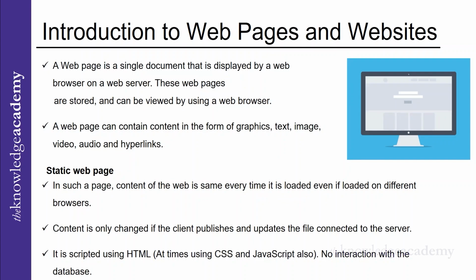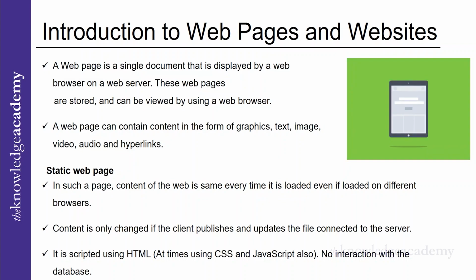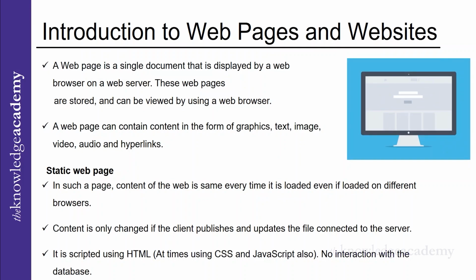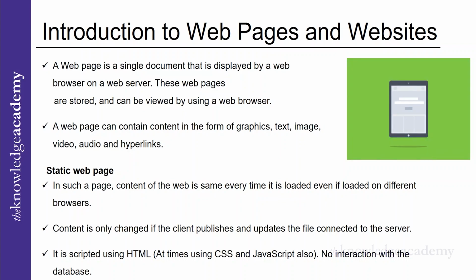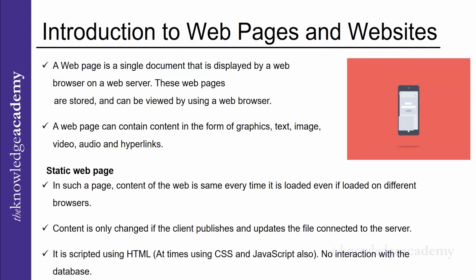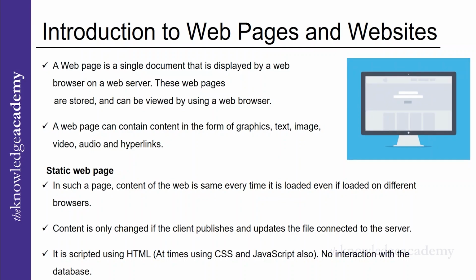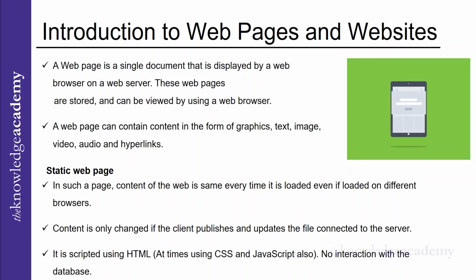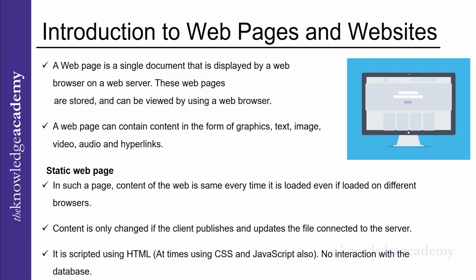So content remains the same and it can only be changed if the client publishes and updates the file connected to the server. Such kinds of web pages don't really interact with the database. For example, you can check out any blog that a person writes or any documentation sites. Suppose reactjs.org, which would give you information about how ReactJS works. That documentation site will be the same for any user and any web browser throughout the world.